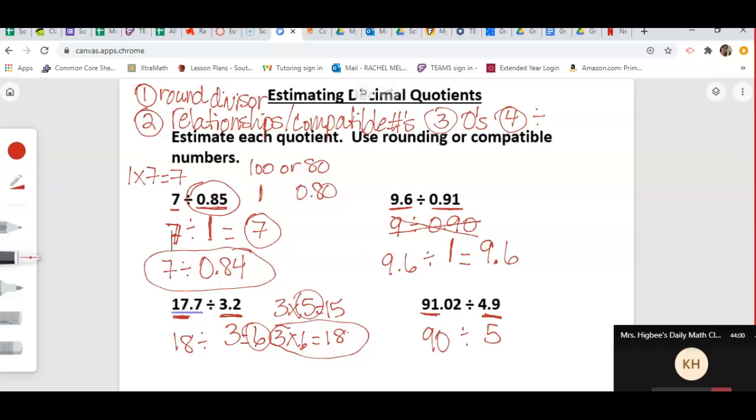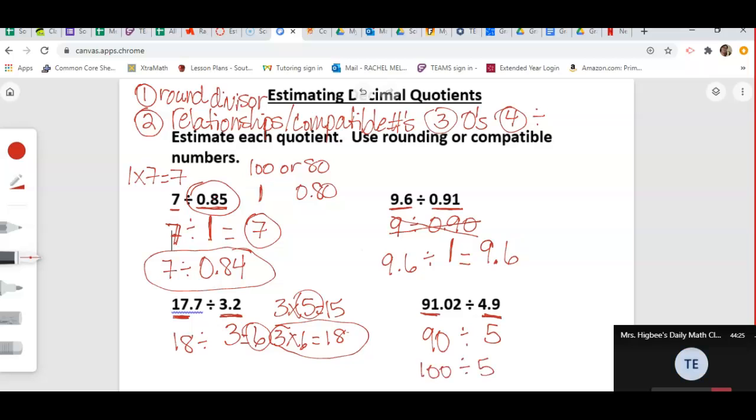All right. Now, can we do 90 divided by 5 quickly in our head? Some of us, yes. What if we couldn't? Is there another number that I could change that 91 to that would be quicker to divide by 5 in our head? Mm, I think 95 would actually probably be harder. But what about 100?